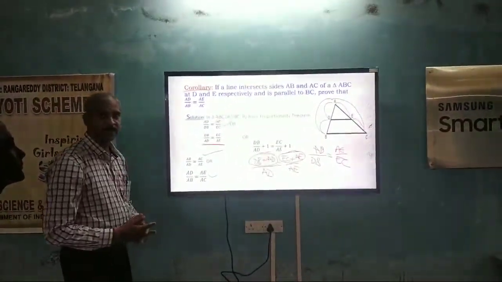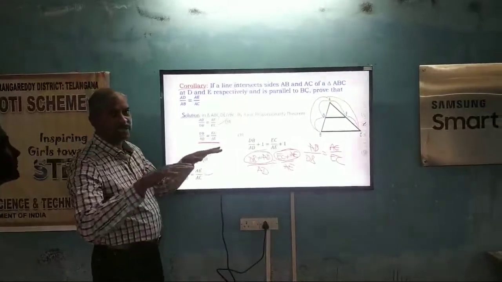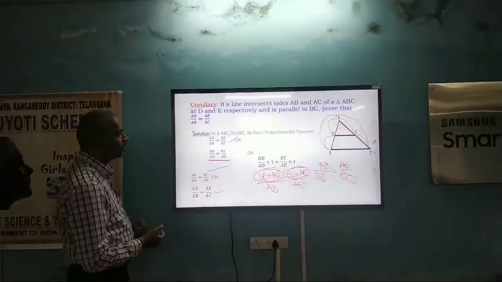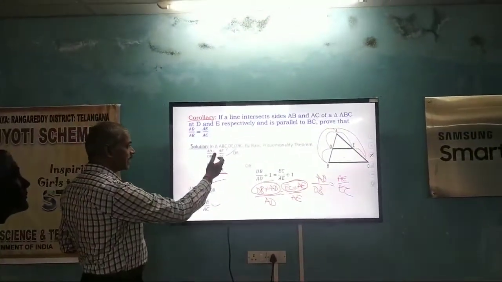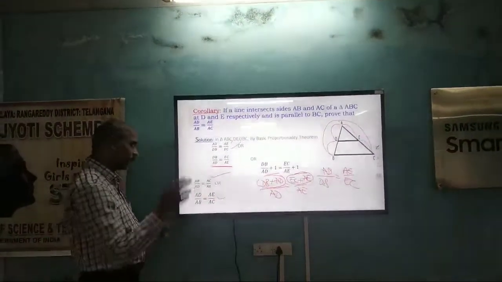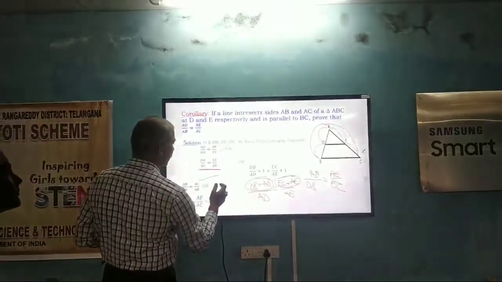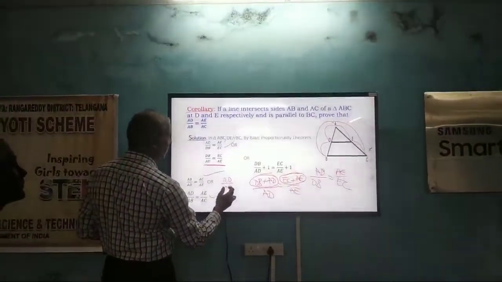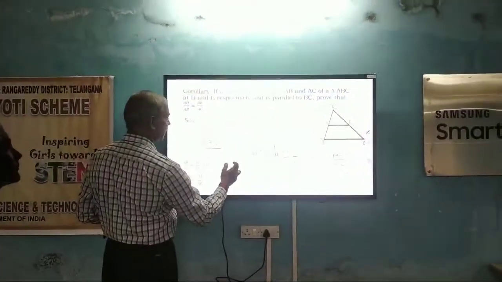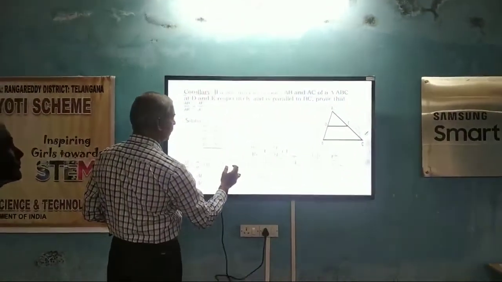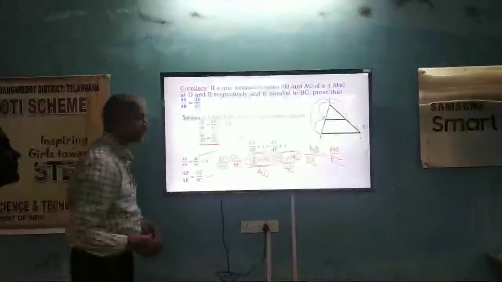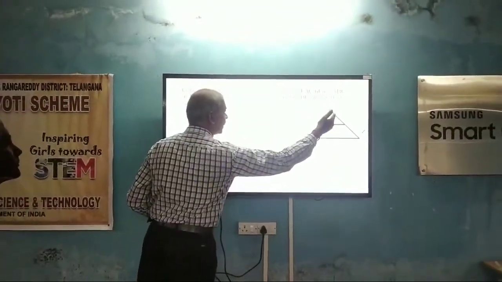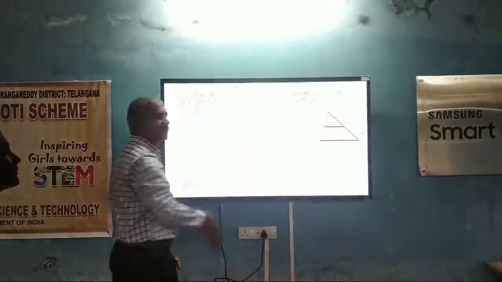Not only this, when a line is parallel to one side of a triangle, then we have AD by DB equal to AE by EC, and we can prove BD by AD is equal to EC by AE also. While taking the order BD by DA, this side also you have to take like this.